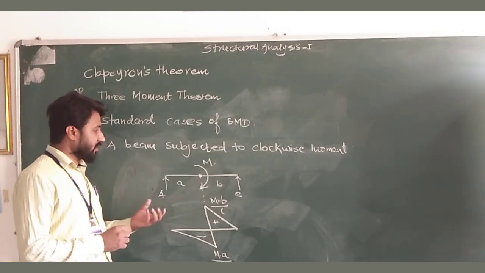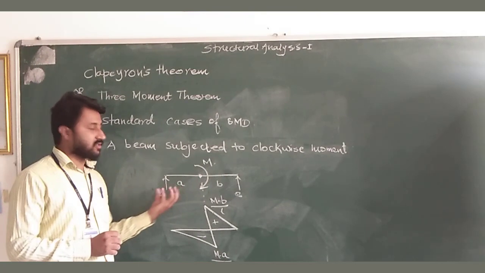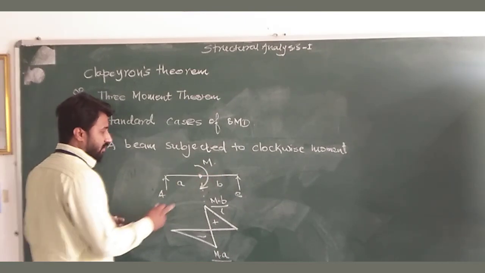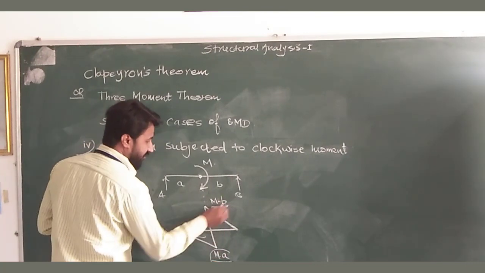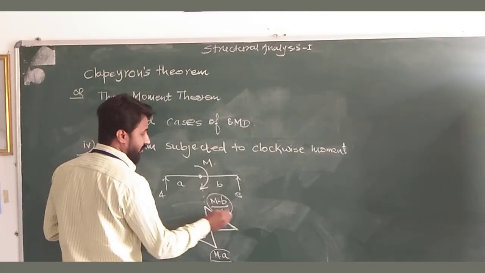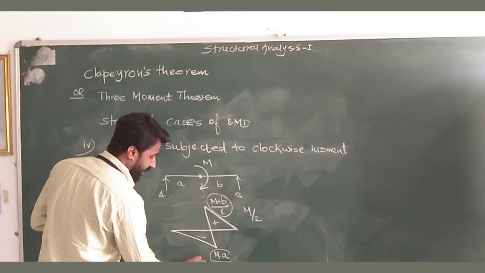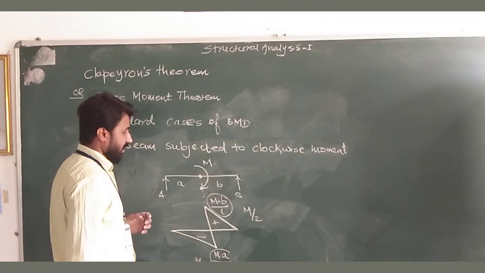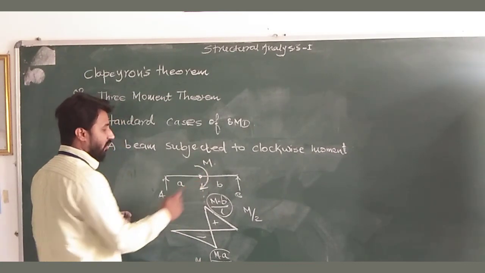Now, what will happen if this moment is acting exactly at the center of this beam? Half of the moment will act on this side and half of the moment will act on this side. So the value will be M by 2 at the top side and M by 2 at the bottom side. Okay. So this is the condition for the clockwise moment.